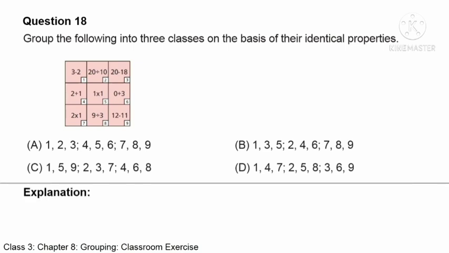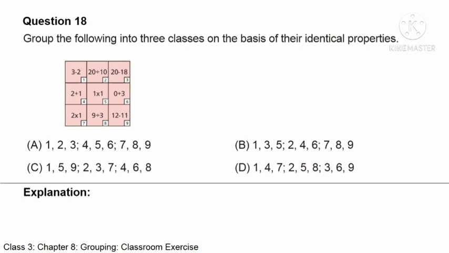Here, it's a mathematical problem and we need to group it on the basis of their answers. 3 minus 2 equals 1. 20 divided by 10 equals 2. 20 minus 18 equals 2. 2 plus 1 equals 3. 1 multiplied by 1 equals 1. 0 plus 3 equals 3. 2 times 1 equals 2. 9 divided by 3 equals 3. 12 minus 11 equals 1.